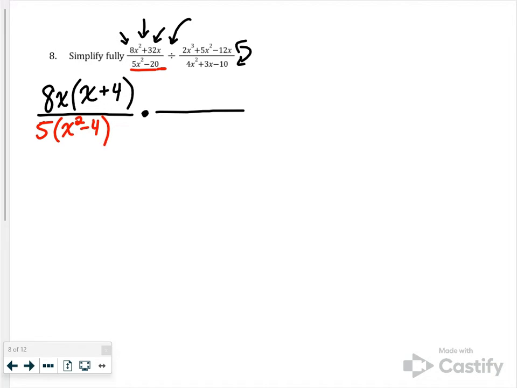So essentially, this green piece is now upstairs, 4x squared plus 3x minus 10. And then this blue one over here is going to be downstairs. And I'm going to take an x out of that because each term has one.